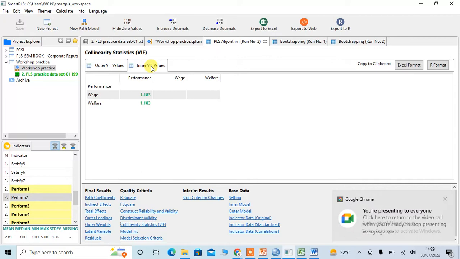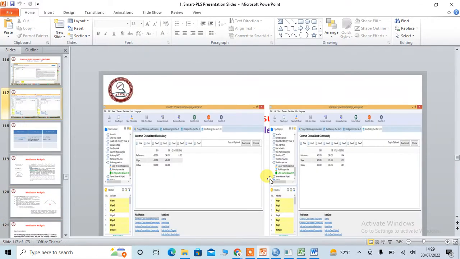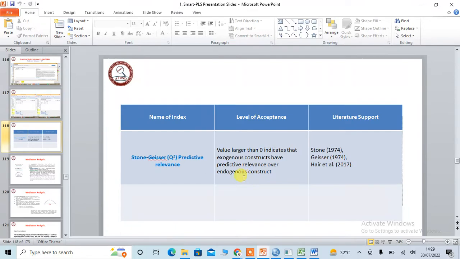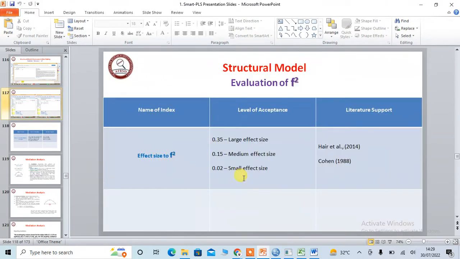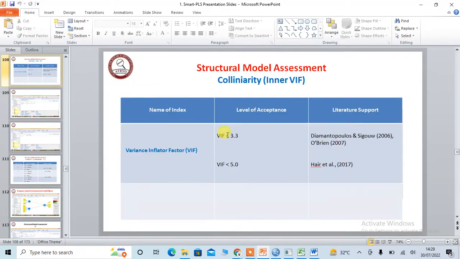So inner VIF values, according to Hair, should be less than 5, and according to another researcher, point VIF 3.3, I cannot pronounce his name.